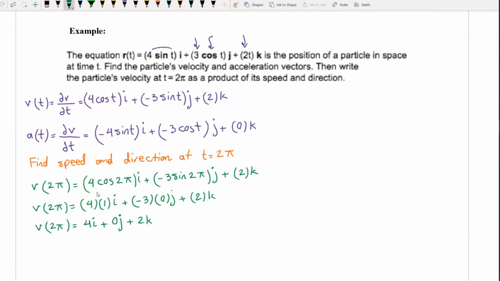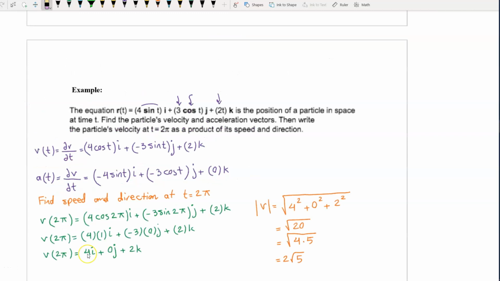So when t is equal to 2 pi, this is 4 times 1 plus negative 3 times 0, plus 2. It is equal to 4i plus 0j plus 2k. So this was our answer for velocity, and now finding what we have for speed.